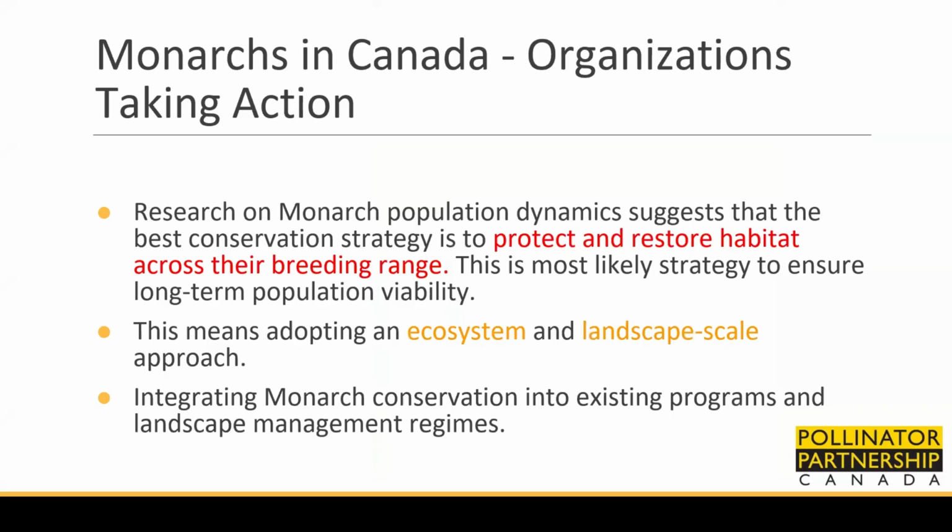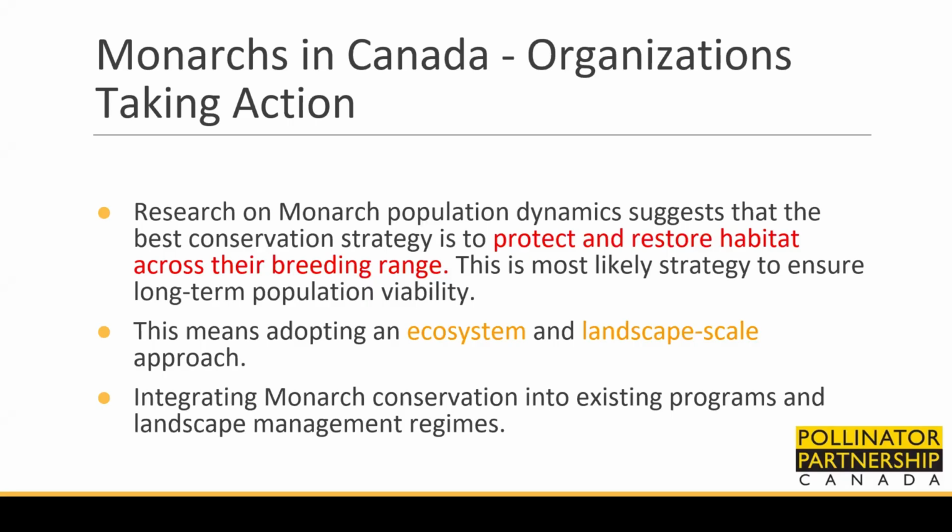Monarch conservation in Canada involves organizations taking action. Research on monarch population dynamics suggests that the best conservation strategy is to protect and restore habitat across their breeding range. This is the most likely strategy to ensure long-term population viability.